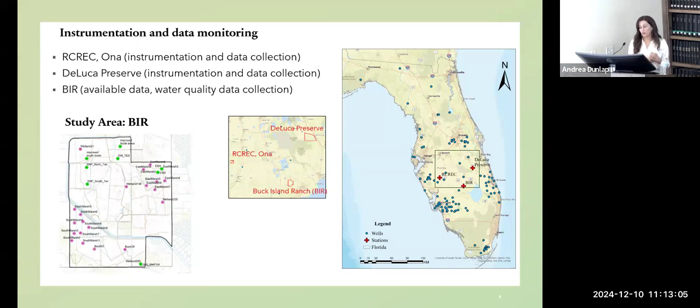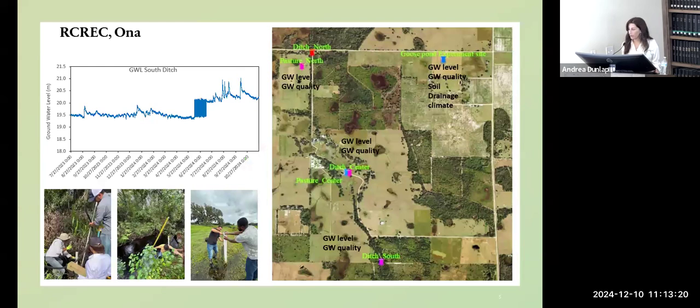So this is going to be the study area for our numerical model. But at the two other sites, Lupa and Ona, we started our instrumentation setup. At Ona, we have installed 5 or 6 groundwater wells along the river, by the road and the bridge next to it.